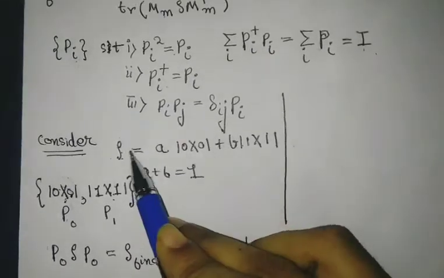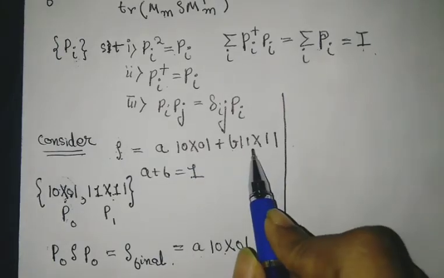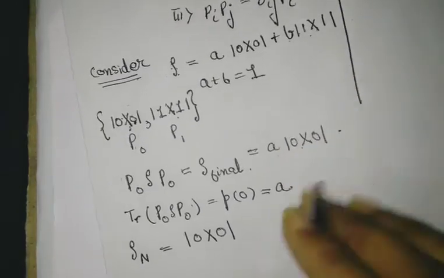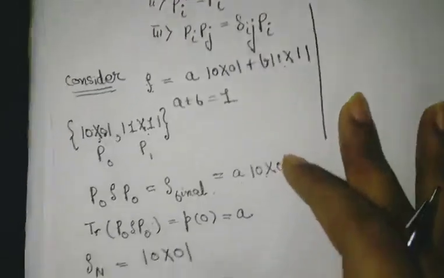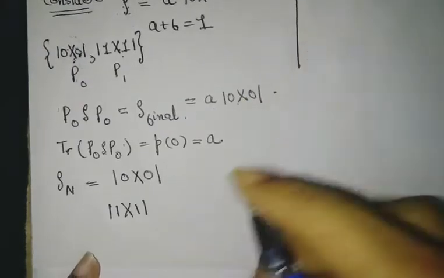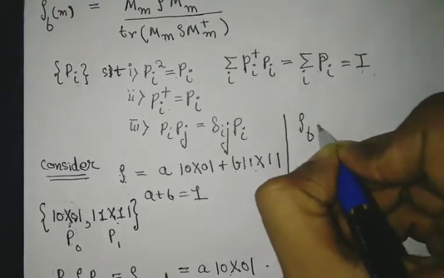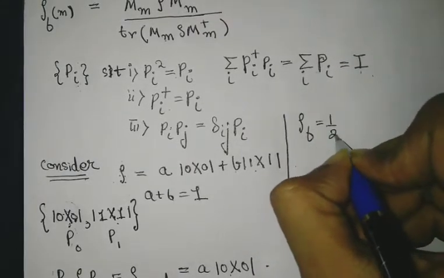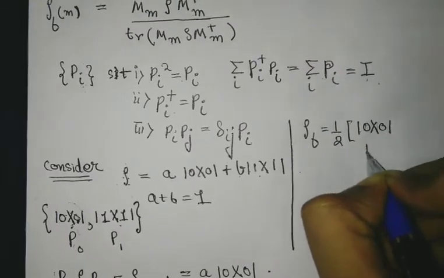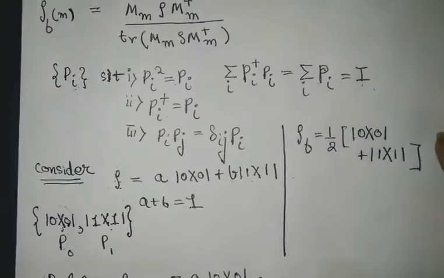Then you act on the same rho, if you have multiple copies, with |1><1|. Then it collapses into the |1><1| state. Then you collect them and normalize. So rho final will be half of |0><0| plus |1><1|. These are the kinds of measurements.